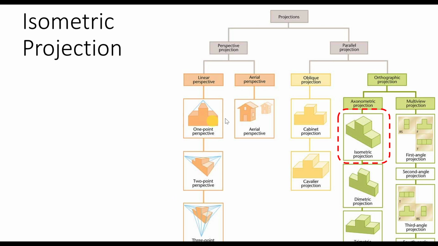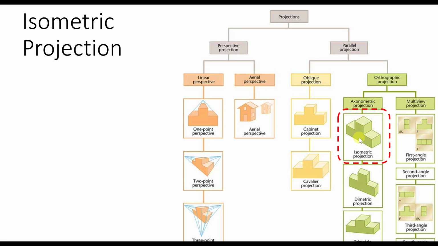So the objects in these types of projections look realistic. They look 3D, but you draw it in 2 dimensions, and I'll show you how. Only these two, first angle projection and third angle projection, are where you develop multi-views of an object, whether it's an architectural type of drawing, mechanical, or so forth. Isometric projection among all these 3D looking projections is the easiest one to draw, and we're gonna pick that for this tutorial.